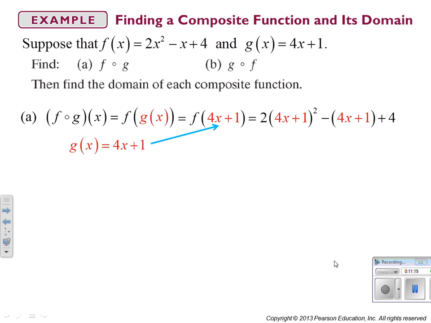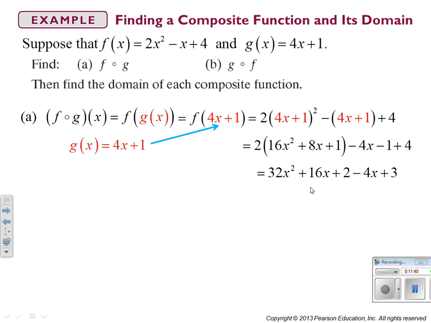Then you simplify your terms. That negative distributes out to the 4x and to the 1, and then 4x plus 1 squared foils out to 16x squared plus 8x plus 1, and then the 2 distributes out. I'm using FOIL in the wrong method, so apologies.